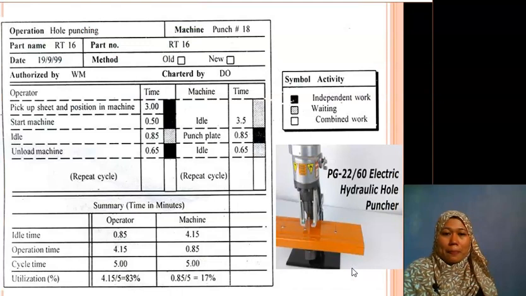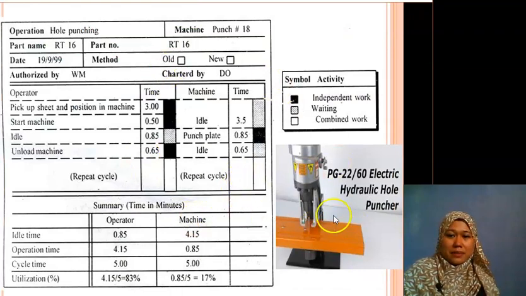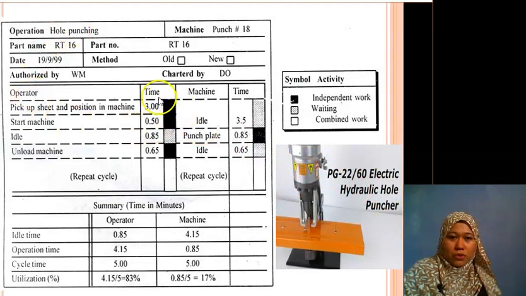Okay, this is another example, for the process of hole punching. This is the hole puncher, this is the part. We want to know the time for operator, the human, and the time for machine.